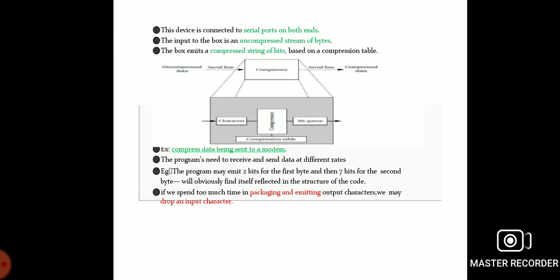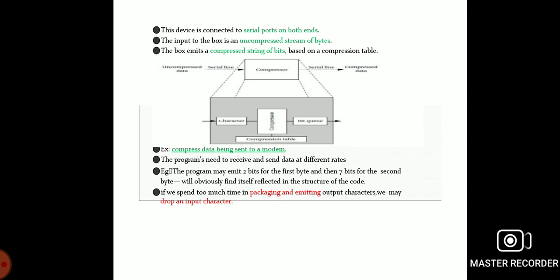So the program needs to receive and send the data at different rates. For example, the program may emit 2 bits for the first byte and then 7 bits for the second byte. You will find it reflected in the structure of the code. If we spend too much time in packing and emitting the output characters, we may drop the input characters.